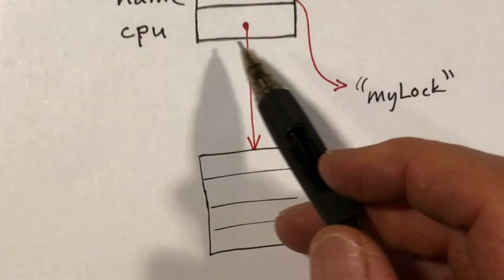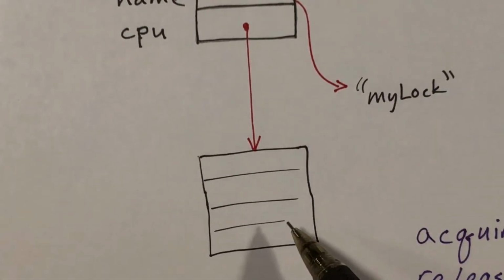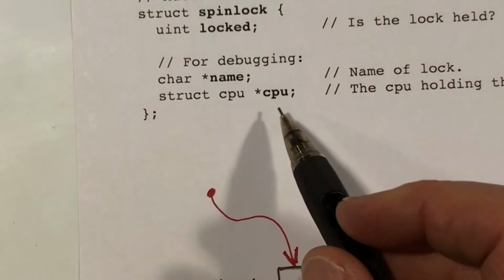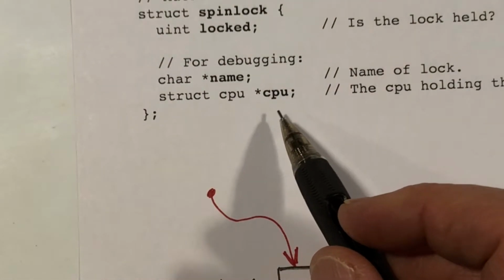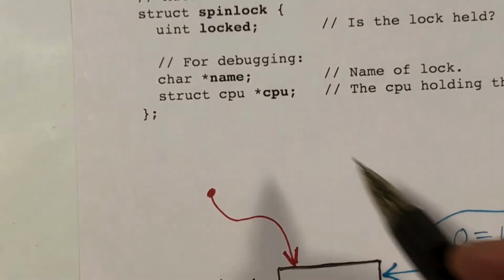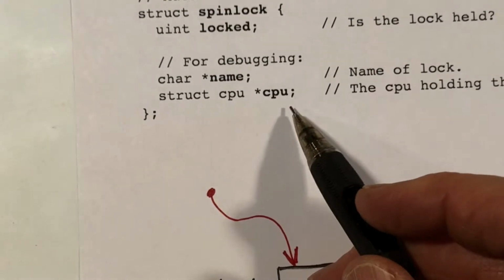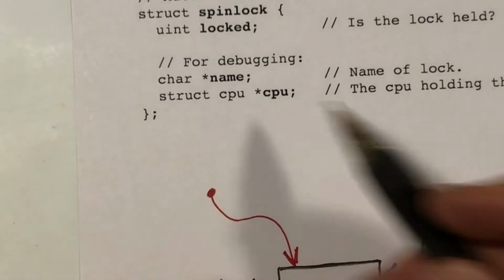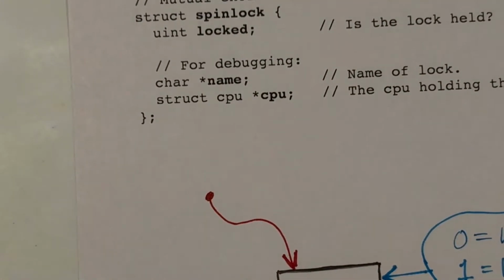And we have this field called CPU, which points to some other structure. Every core has a structure associated with it called a CPU structure, and this field contains a pointer to the structure for the CPU that's currently holding the lock.